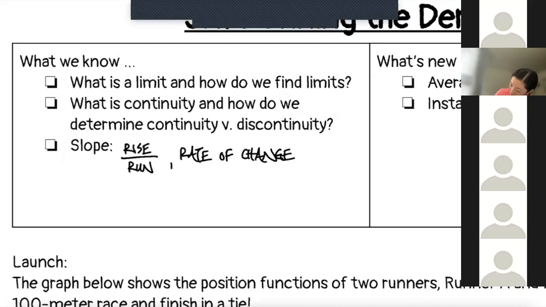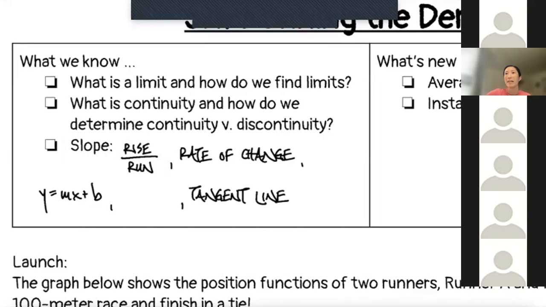I love it. And I saw a tangent line in there. So y equals mx plus b. All right. And let's see, tangent line. All right. Before we move on, this is a really good brain dump.